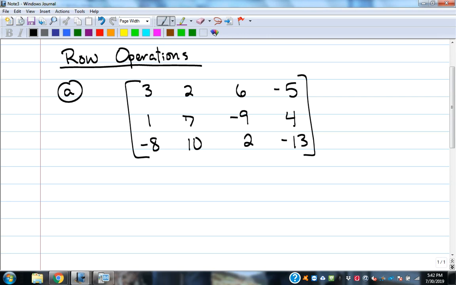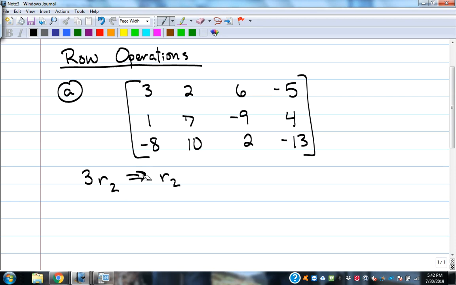So one of the row operations that they might tell you to do would be something like this: 3 times row 2, change row 2. Maybe that's what they tell us to do. So again, that's just 3 and then R2. That's a subscript 2, not an exponent. So it's just saying, hey, that R stands for row. The number down here is what row it is. Row 1, 2, or 3.